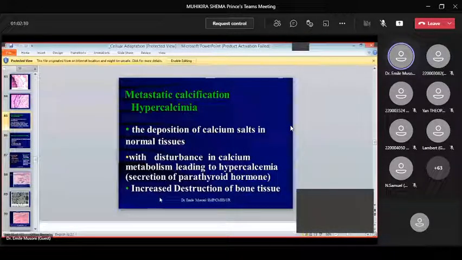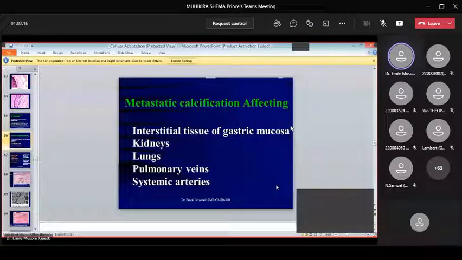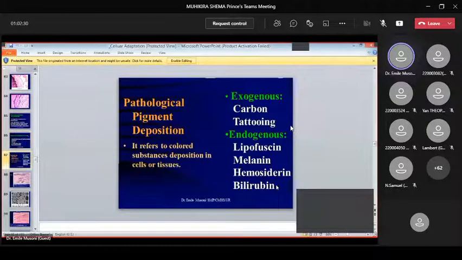It is an increased destruction of bone tissue. Metastatic calcification affects interstitial tissue of gastric mucosa, kidney, lung, and systemic arteries.